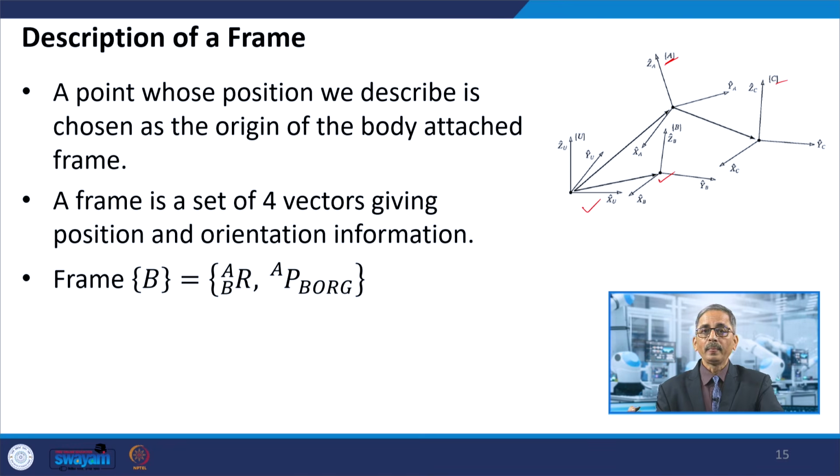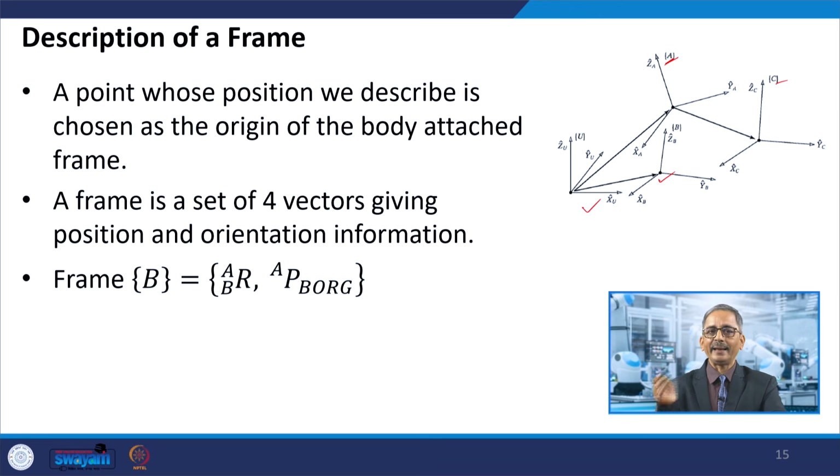Now, representing the position of body A means we have to give the description of the origin of frame A. That will give the position of frame A, and the orientation of frame A with respect to u will be given by the rotation matrix.